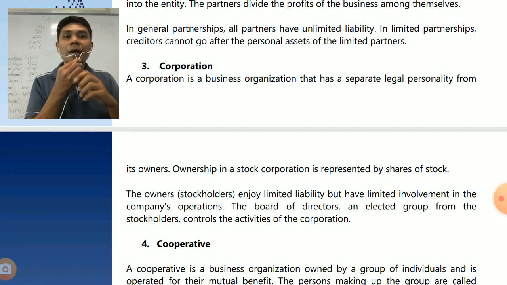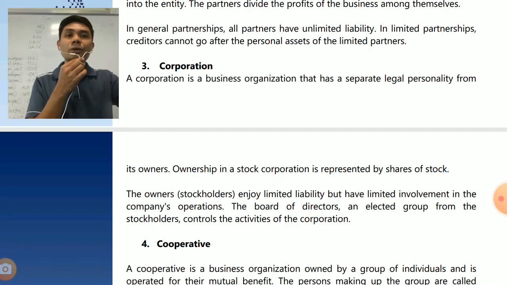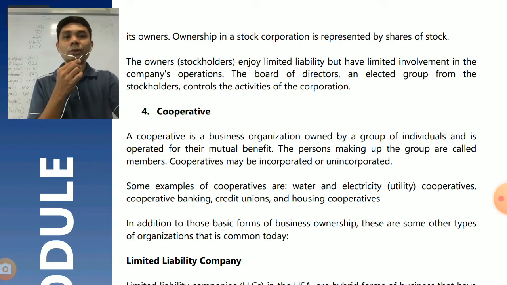So ang tawag sa mga nagpalit sa stocks is what we call as the stockholders. And kana sila mao ang nag-contribute og capital for the corporation. Another type of business according to ownership is the cooperative.